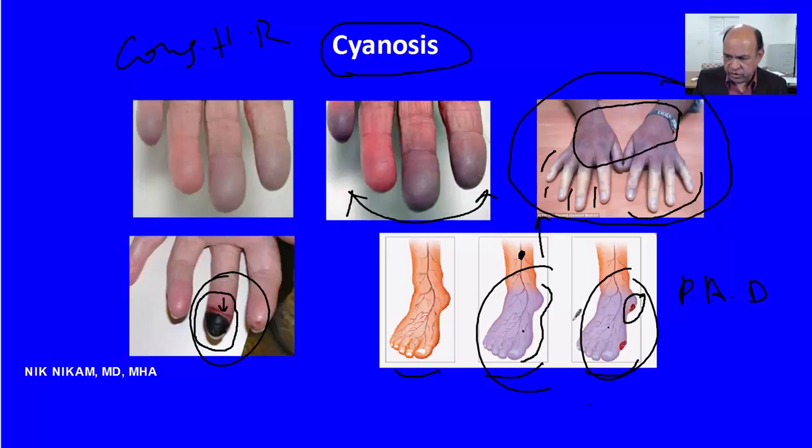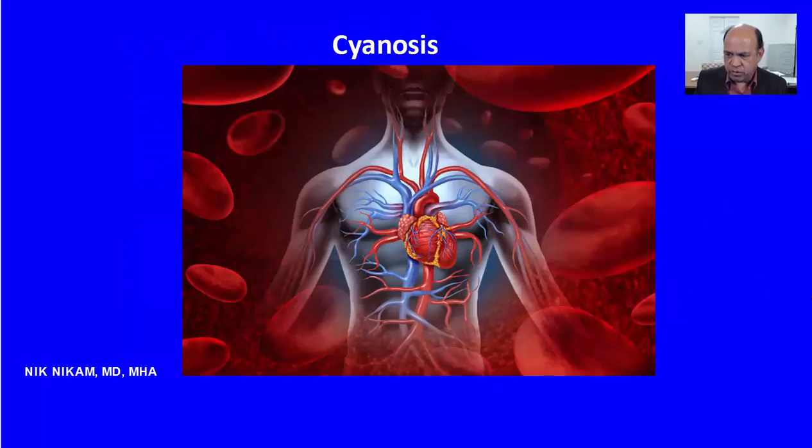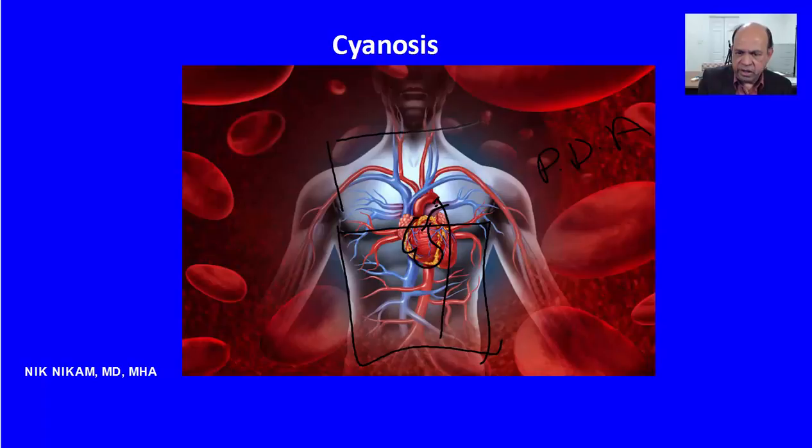A rare condition which I would like to discuss that can cause what is the third form of cyanosis, namely differential cyanosis, is due to pulmonary hypertension happening from the right side of the heart that causes the blood to not only go into the pulmonary artery, and because of high pressure in the pulmonary arteries compared to the aorta, the deoxygenated blood goes through the patent ductus arteriosus, PDA, and that causes cyanosis in the lower half of the body, whereas the upper part of the body maintains pink color due to oxygenated blood going to the upper part of the body.